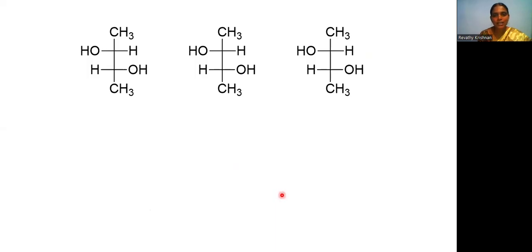Here comes another example. For this chiral carbon, the priorities assigned are like this. This is number 1. This bulky group has 2, this methyl has 3, and this hydrogen has 4. Similarly, in the next chiral carbon, the priority is assigned as shown here. Number 1, this bulky group has 2, this methyl has 3, this hydrogen has 4.